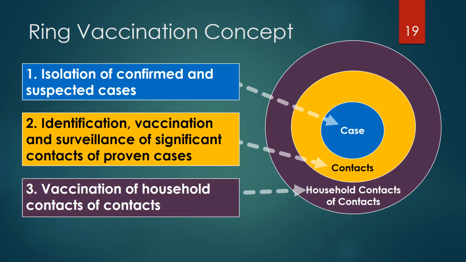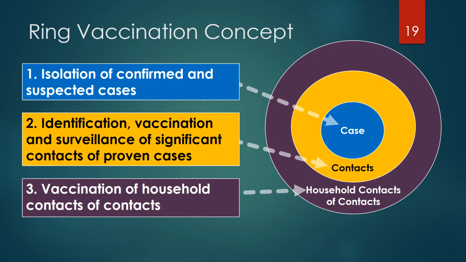Since a person is infectious starting 1 day prior to rash onset, the onset of fever, which is seen 1 to 3 days prior to the rash, was chosen to identify a person with significant contact to an infected individual. The second ring, or purple ring, is an additional safety net. The second ring is the vaccination of household contacts of contacts.